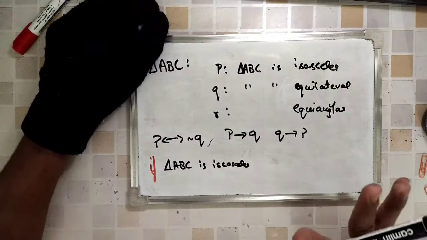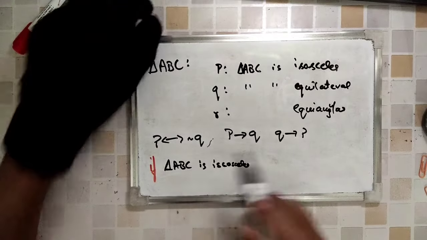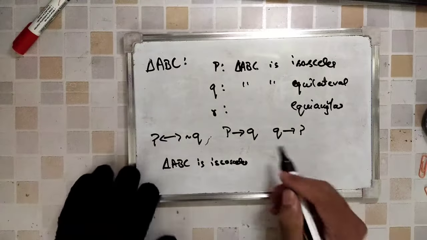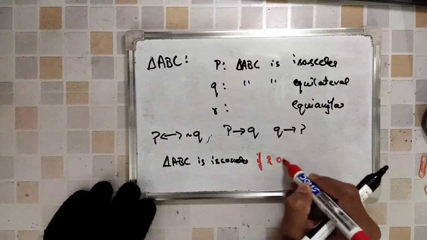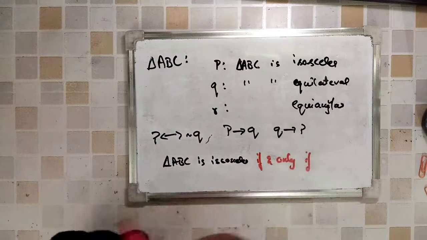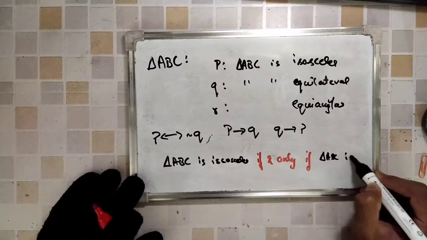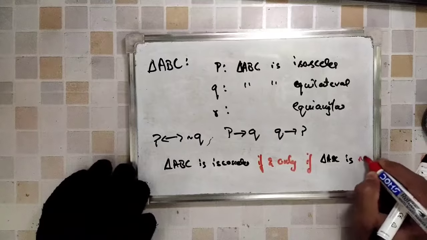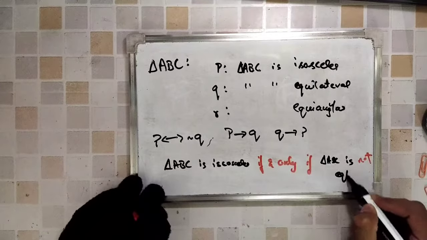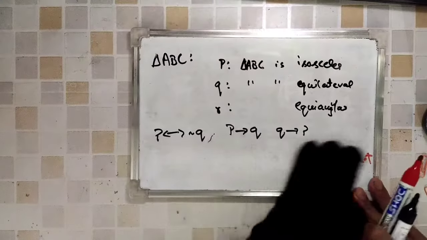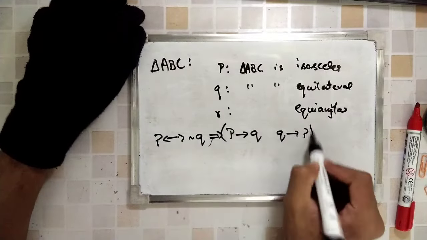This is one way to write that, but you can also write: triangle ABC is isosceles if and only if triangle ABC is not equilateral. This whole thing is equal to this, so you can also write like that.